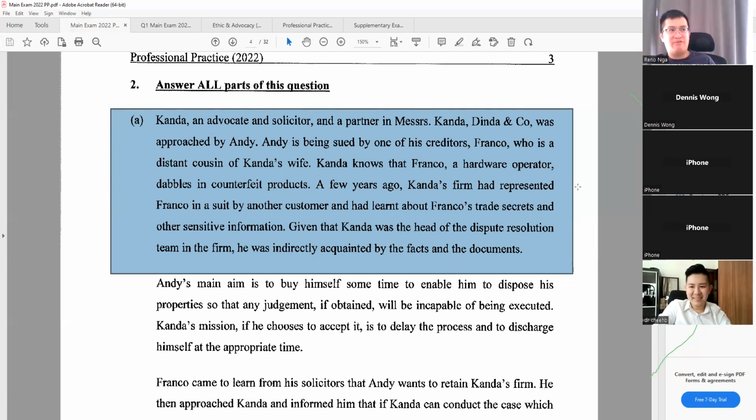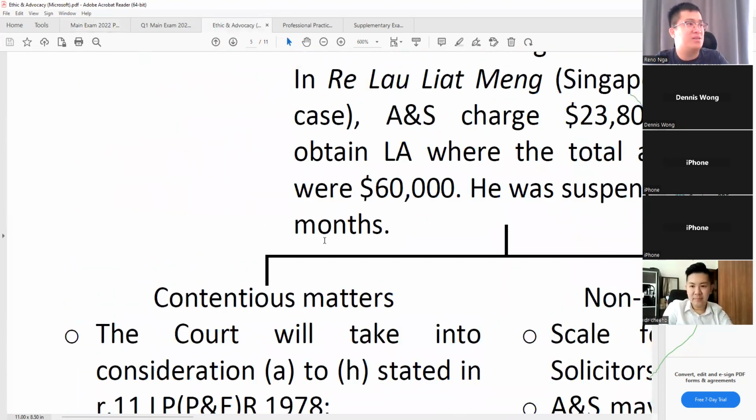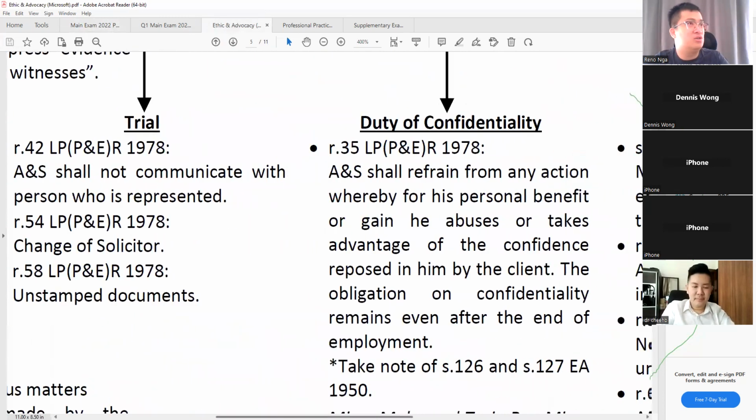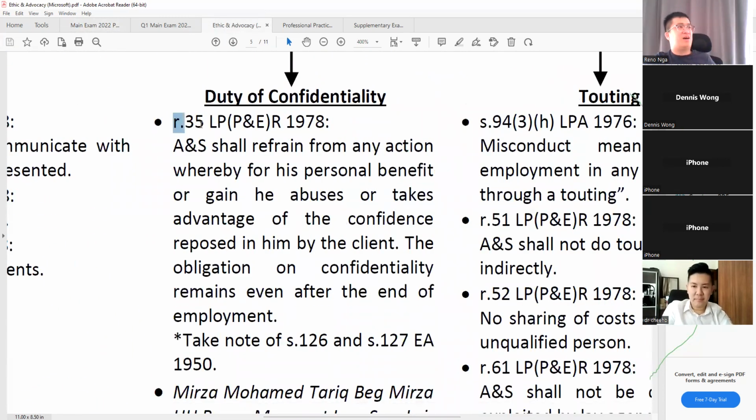If you have that information, you shouldn't release or disclose it, the confidentiality. I think this is quite understandable, right? But again, we are lawyers, we cannot just say so, we must use the law. So for me, confidentiality is Rule 35, LPPER: an advocate and solicitor shall refrain from any action whereby for his personal benefit or gain he abuses or takes advantage of the confidence reposed in him by the client.